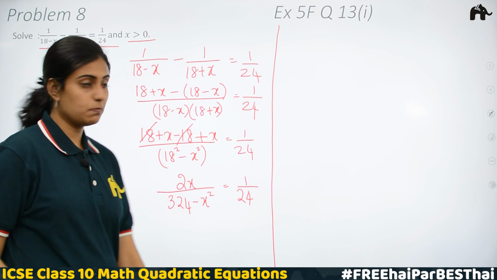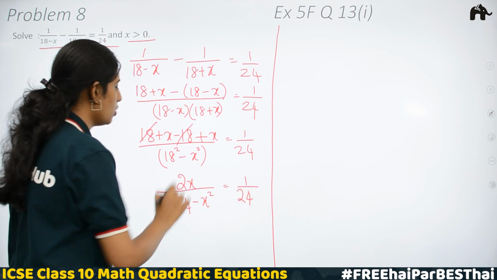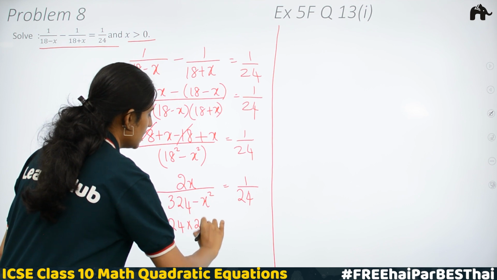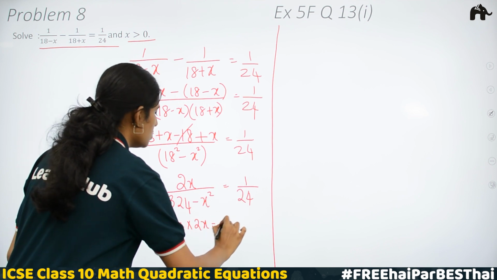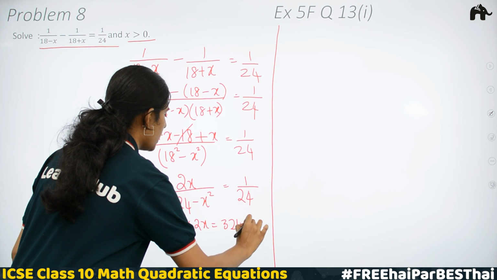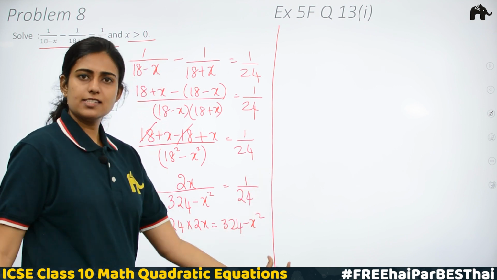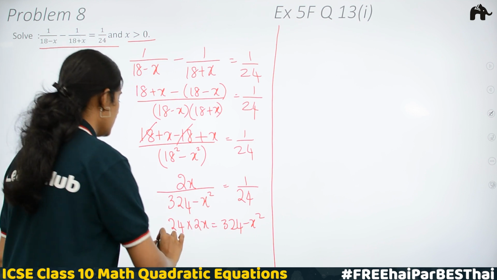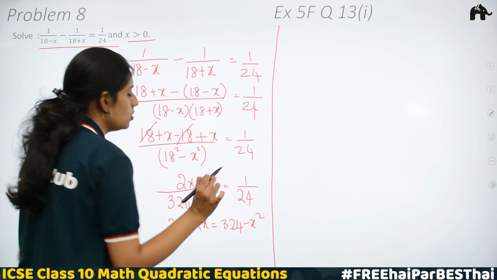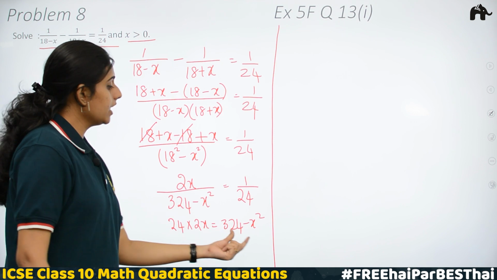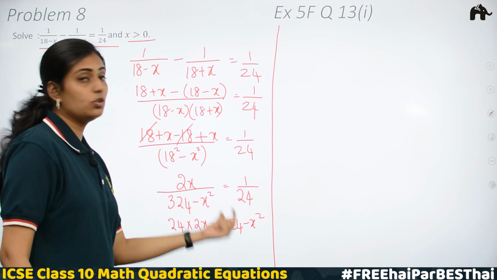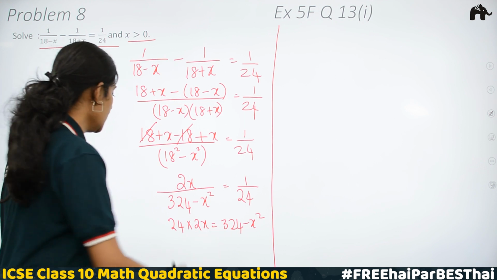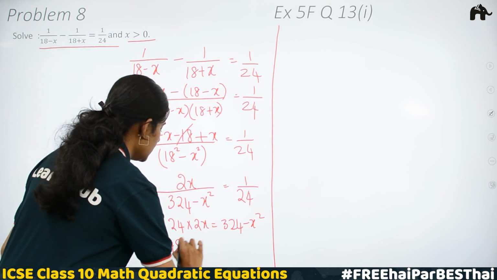Now cross multiplying, taking this 24 to the opposite side, we get 24 into 2x is equal to 1 into (324 minus x square). Next step, rearranging, taking all terms to LHS. 24 into 2x is 48x.